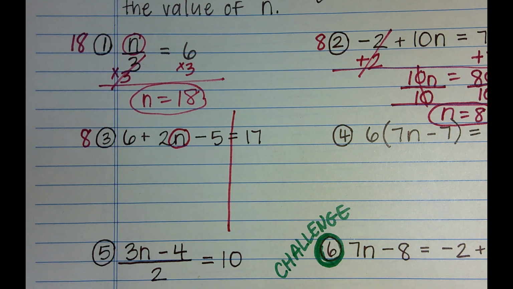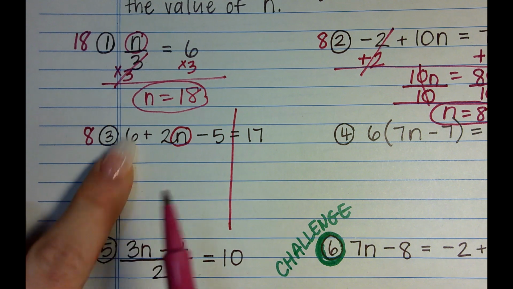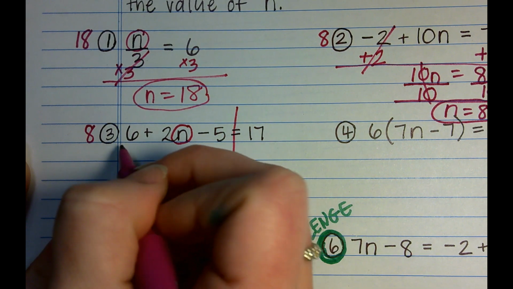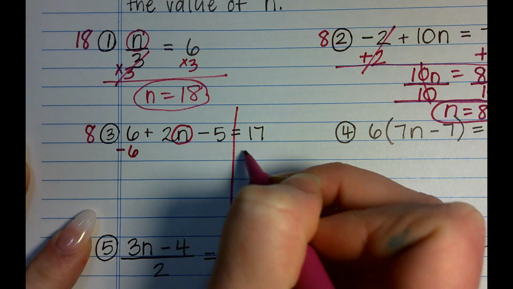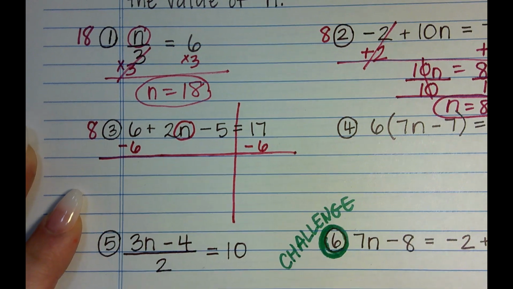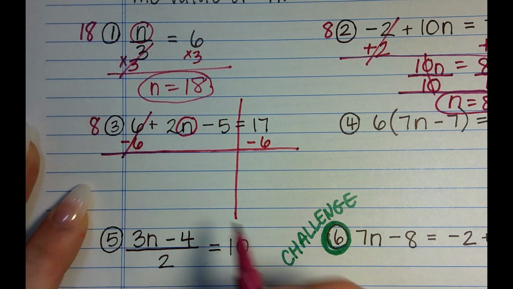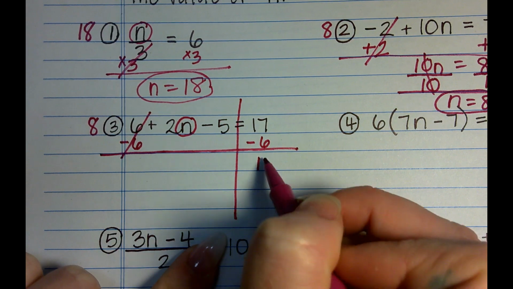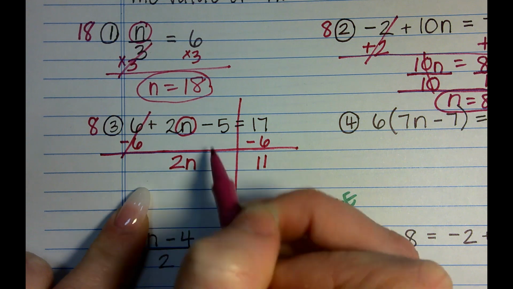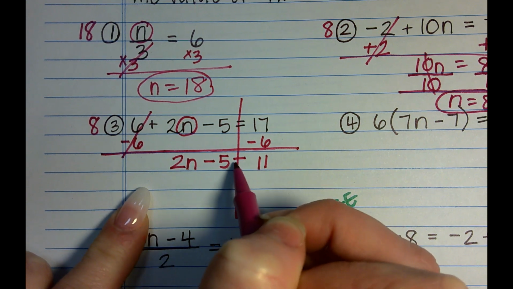What can I get rid of first? 6. Okay, so what do I do to get rid of that? Minus 6. And minus 6 from 17. Good. I'll draw a line. You get 11. My 6's cancel. 17 minus 6 is 11. So you bring down 2n minus 5 equals 11.